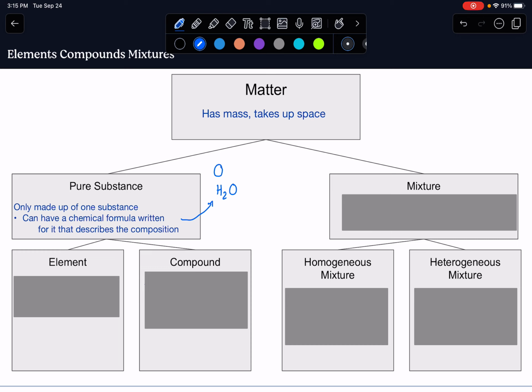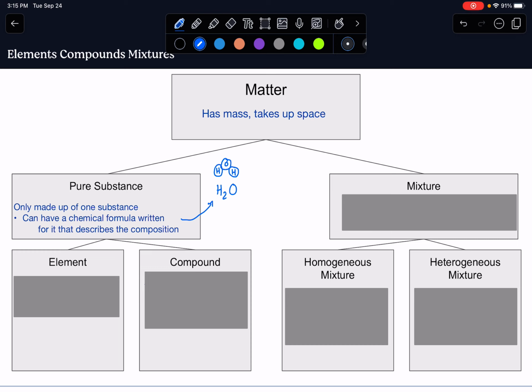A molecule of water is made up of two hydrogen atoms that are chemically bonded to an oxygen atom. And this molecule of water cannot easily be separated. The only way to break apart that H2O molecule is to do a chemical reaction. It's not something that can be physically separated.